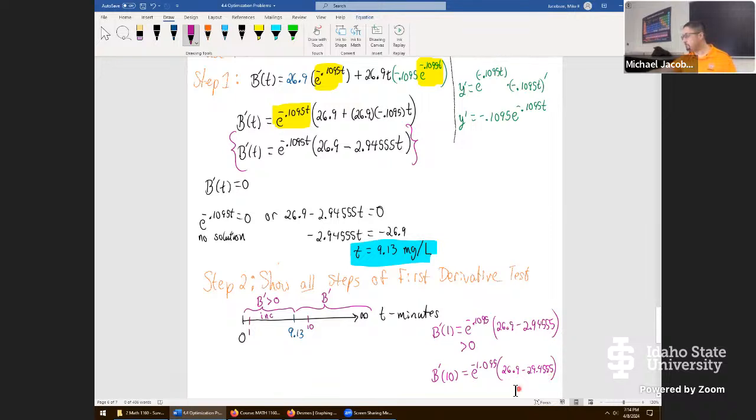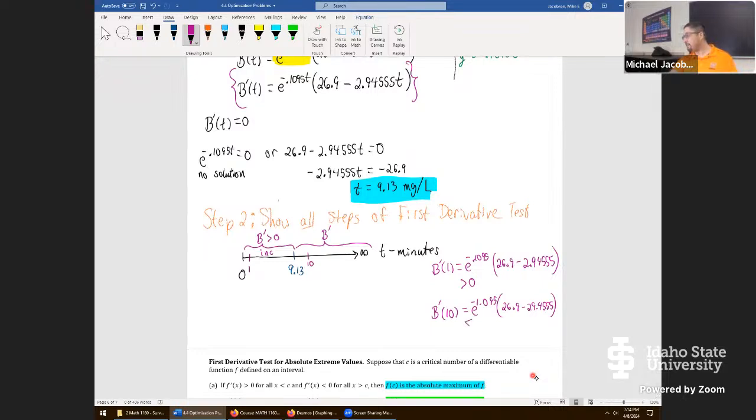And looking at the setup here, I wouldn't even put this in the calculator. You have 26, or rather about 27, minus about 30. That's got to be negative. So put less than 0 there, which tells us it's decreasing.